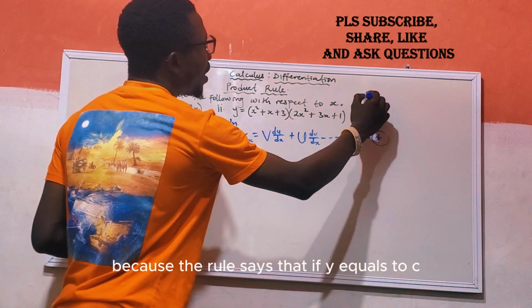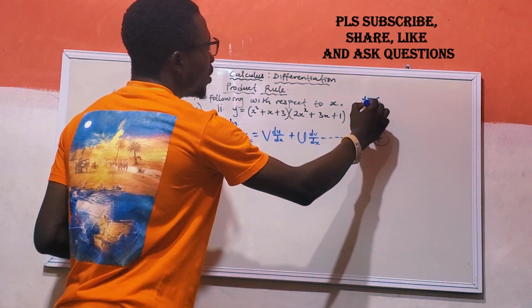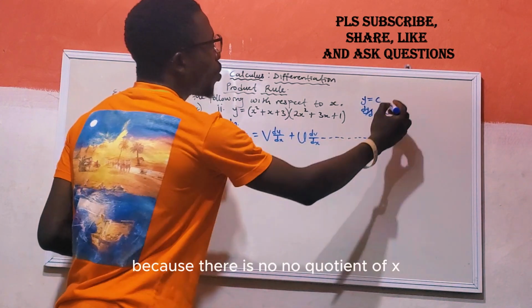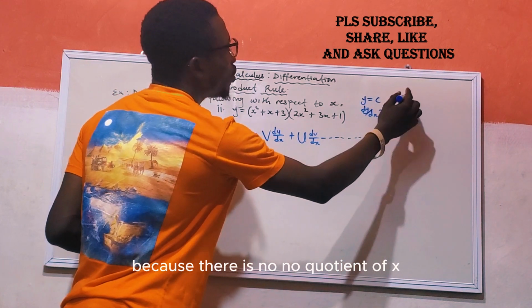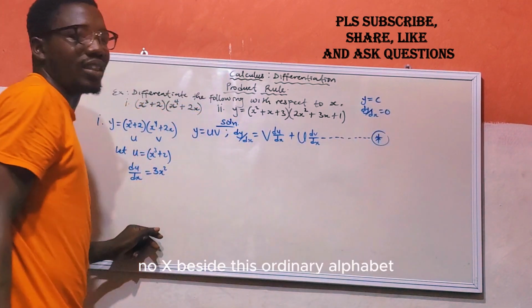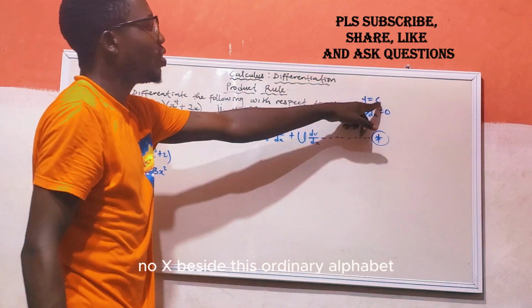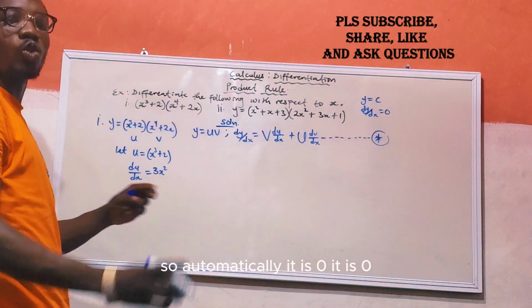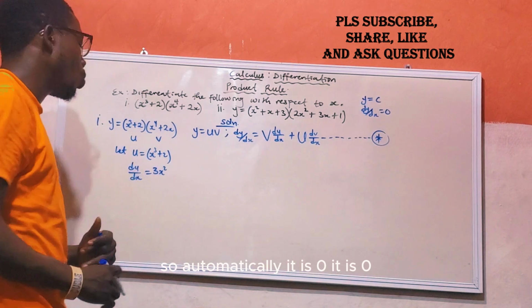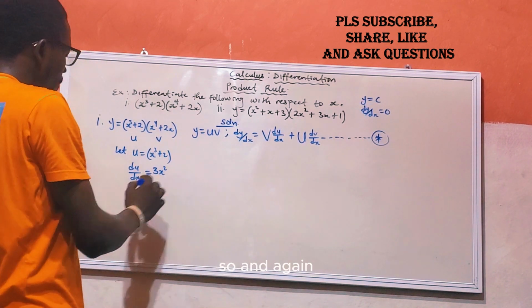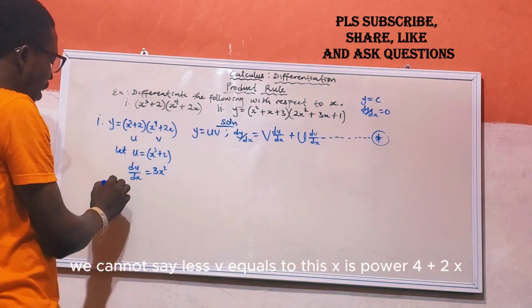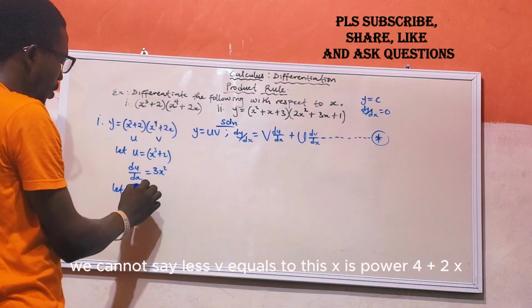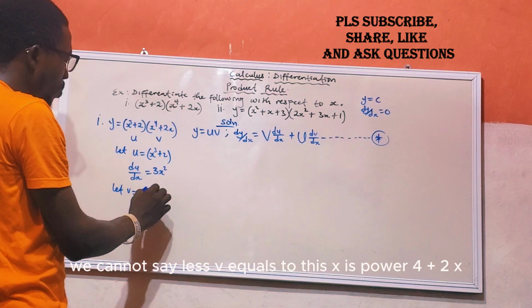Because the rule says that if y equals c, then dy/dx equals 0, since there is no x beside this number, so automatically it is 0.